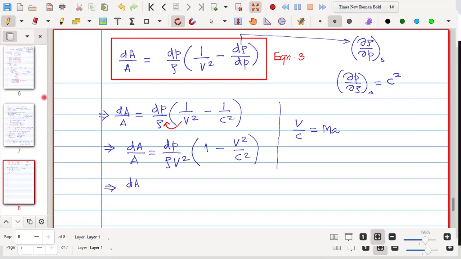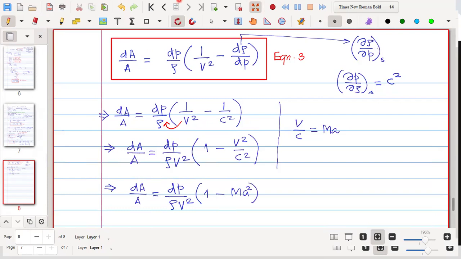Therefore, dA by A is equal to dP by rho V square, 1 minus Mach number square.